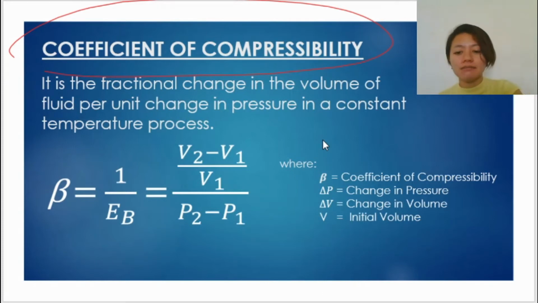So, E sub V, or beta, our coefficient of compressibility, is simply the reciprocal of our bulk modulus of elasticity. Simplifying the formula, we have volume final minus volume initial over volume initial, all over pressure final minus pressure initial.